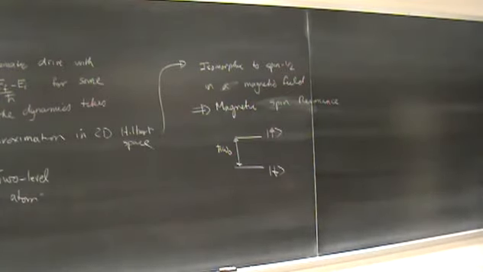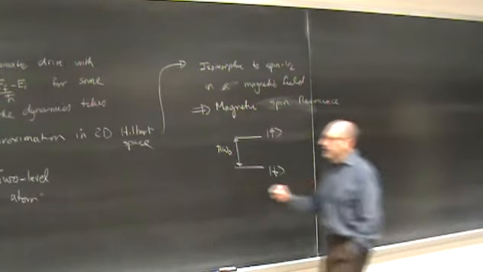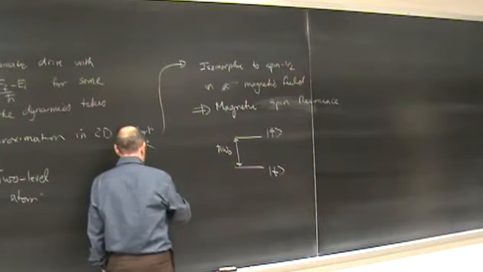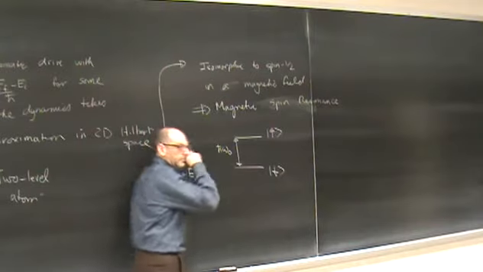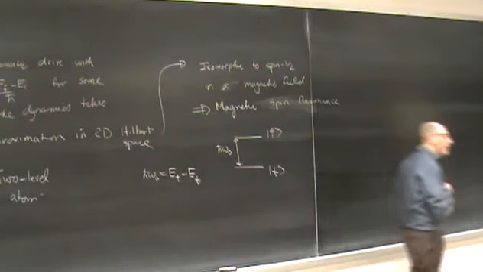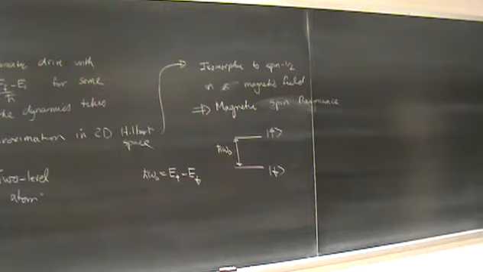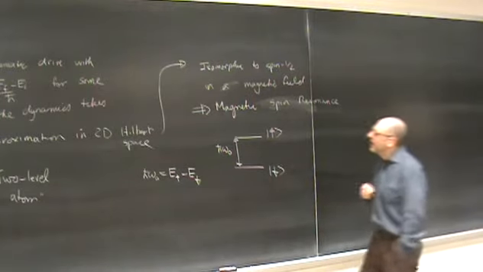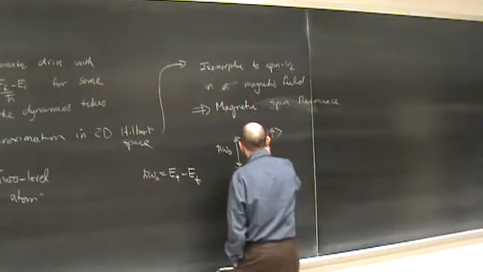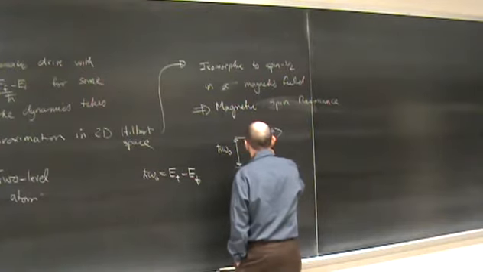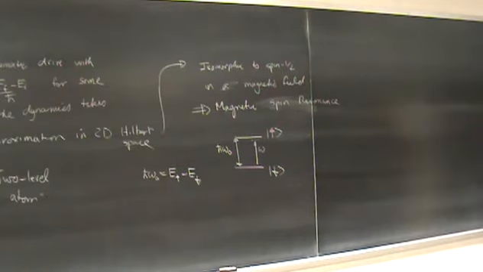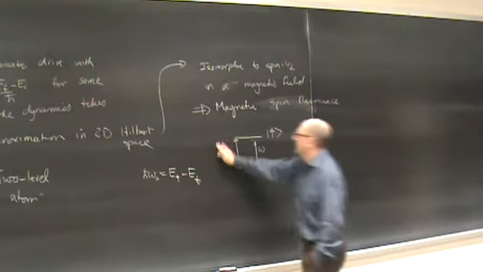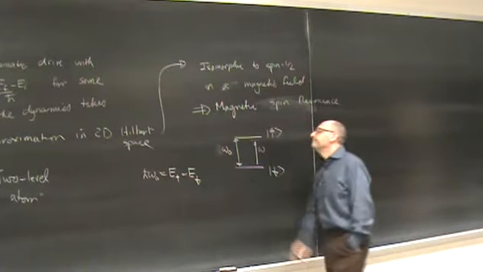So omega naught is the energy difference between the energy of the up state and the energy of the down state. Okay? And now we're going to apply to this system a field which is tuned close to resonance, and I'll just call that frequency omega. All right? And it has energy h bar omega per photon.